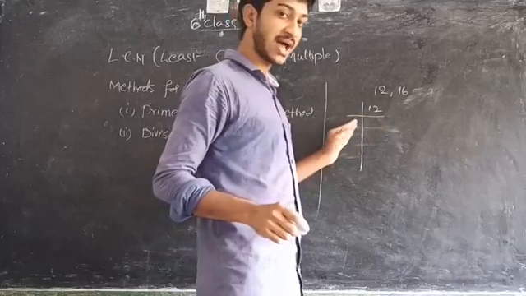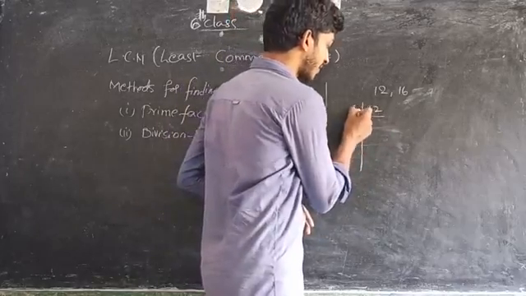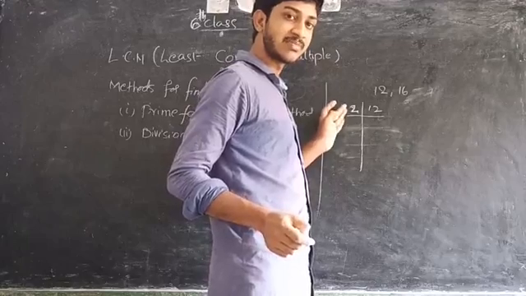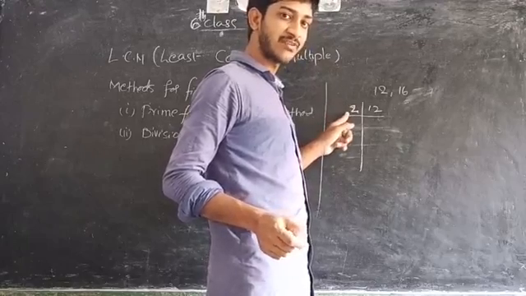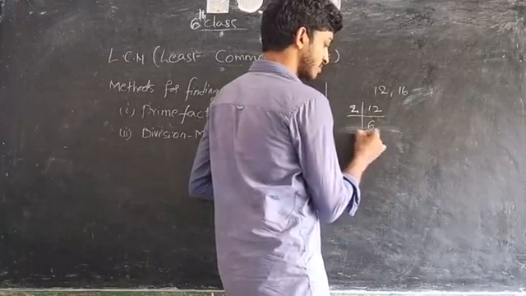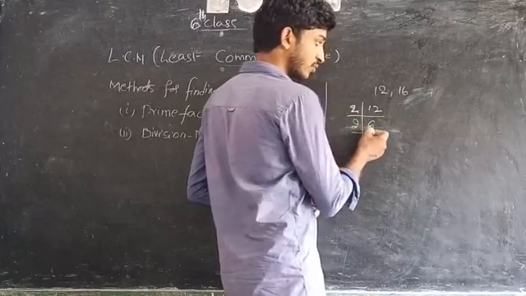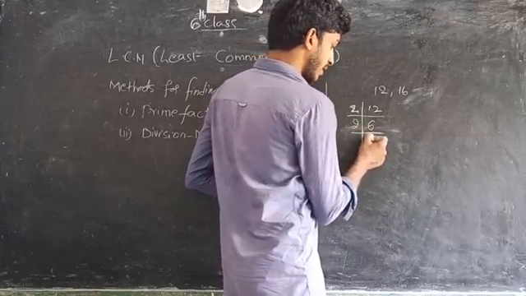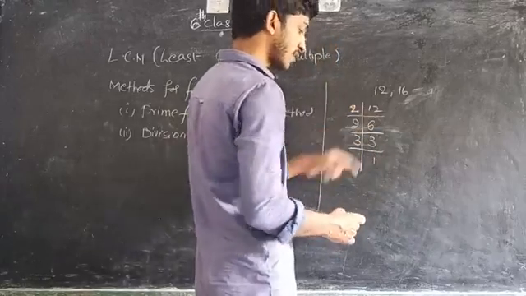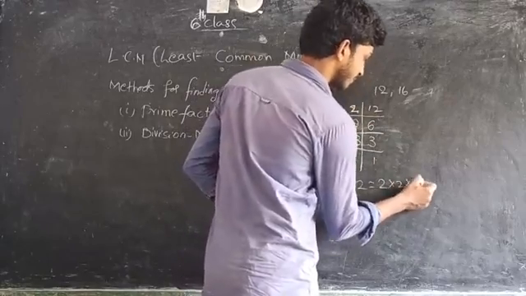I want to find the factors of 12. So first of all, I am dividing this number with 2. 2 is the least prime number, that's why I am dividing by 2. It becomes 6. Again 2, it becomes 3. Now 3, one time. So what are the factors of 12? The factors of 12 are 2 into 2 into 3.